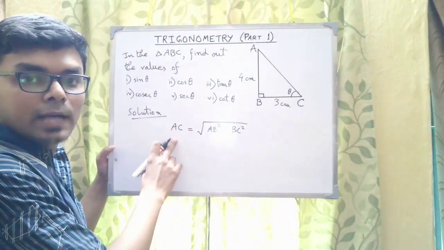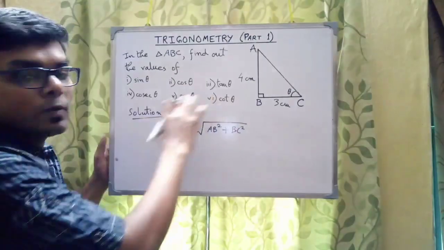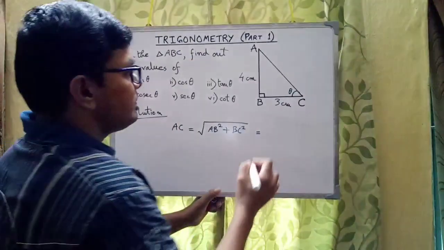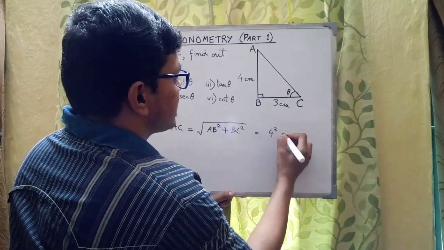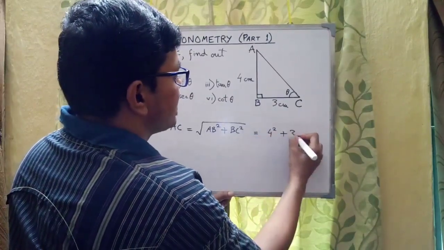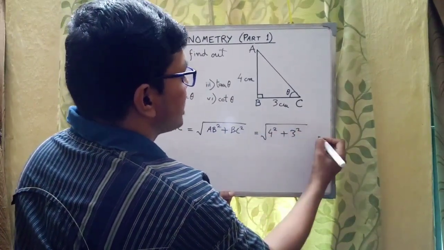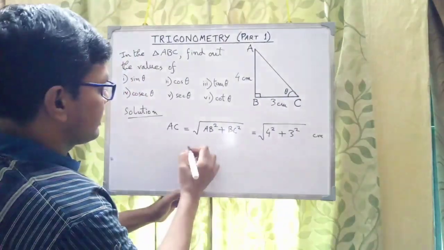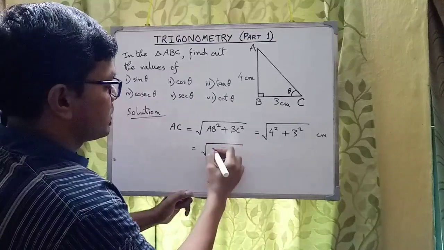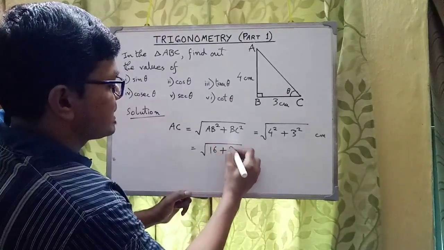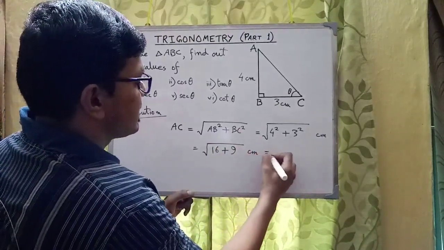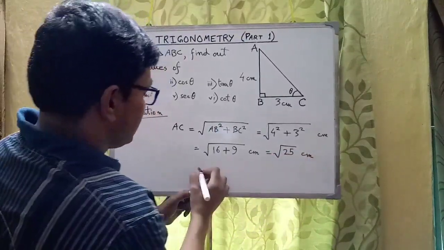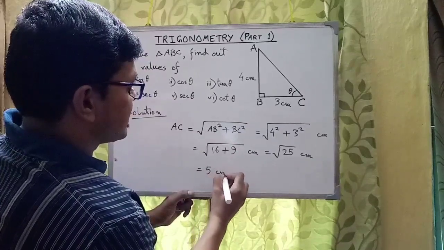Because we need the hypotenuse, otherwise we won't be able to find the ratios. So that is 4 square plus 3 square. We must write centimeter here outside the square root symbol. That equals 16 plus 9, that equals square root 25 centimeter, that equals 5 centimeter.